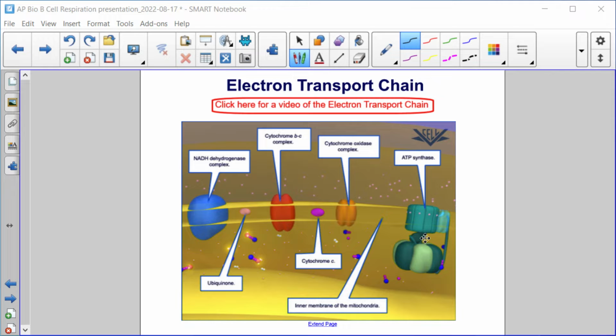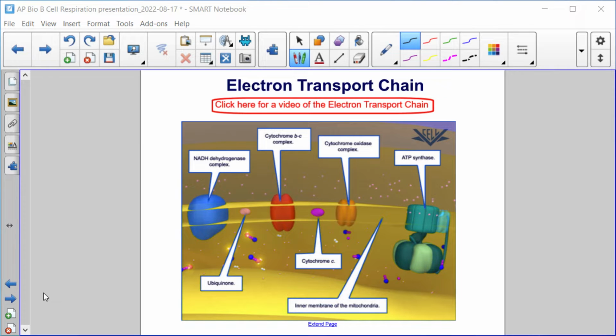In addition to these complexes, 2 mobile carriers are also involved: Ubiquinone here and Cytochrome C here. Other key components in this process are NADH and the electrons from it, hydrogen ions, molecular oxygen, water, ADP, and the phosphate groups, which combine to form ATP.